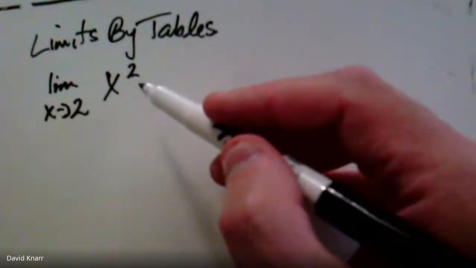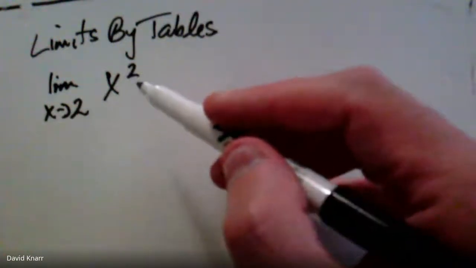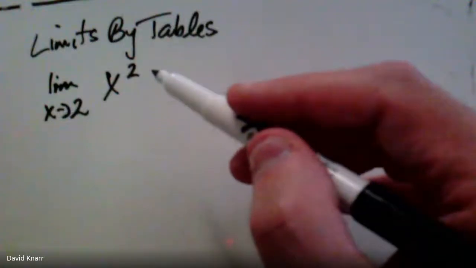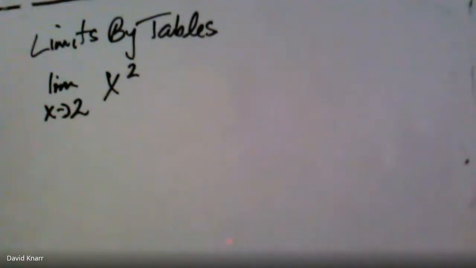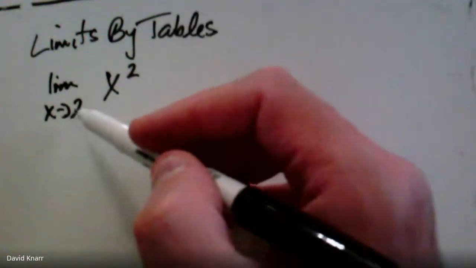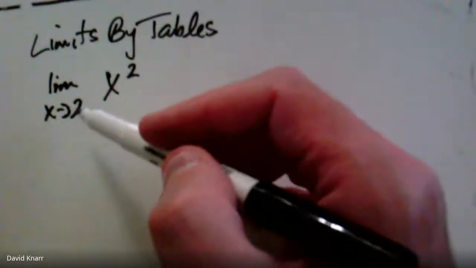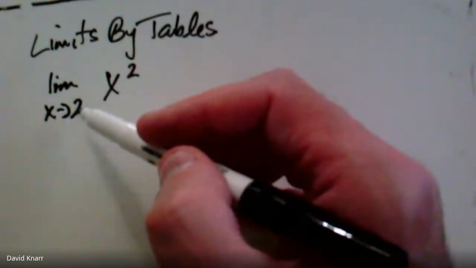If you had a guess, you'd probably guess it would be 4. But remember, we're just starting out, and limits mean what y value you approach as you approach the x value of 2, in this case, from both sides, right? From both the left and from the right.